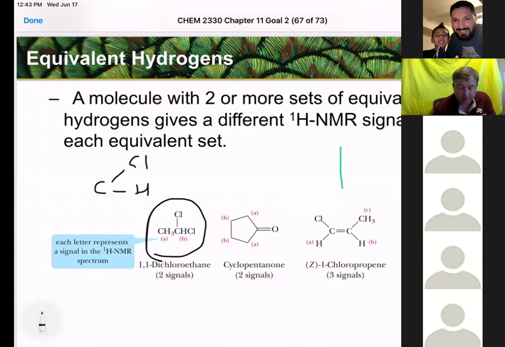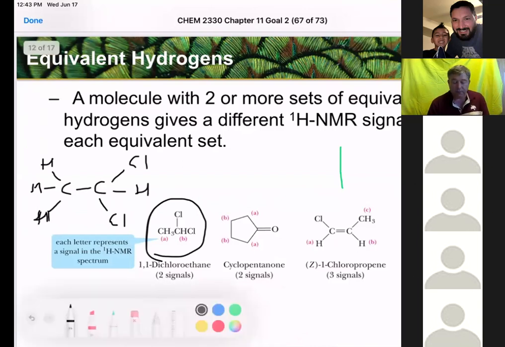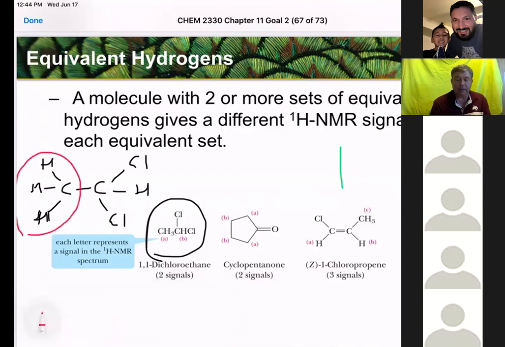Chlorine, hydrogen, chlorine, carbon, hydrogen, hydrogen, hydrogen. Okay, so the first thing we want to look at is, these 3 hydrogens are equivalent because they have the same connection to this carbon over here. This hydrogen is a separate signal because it's bonded to a carbon with 2 chlorines.